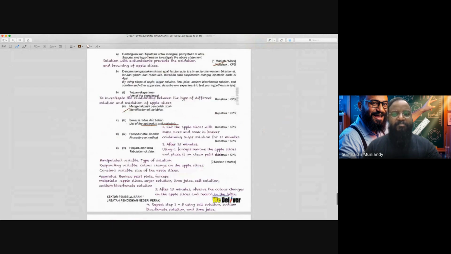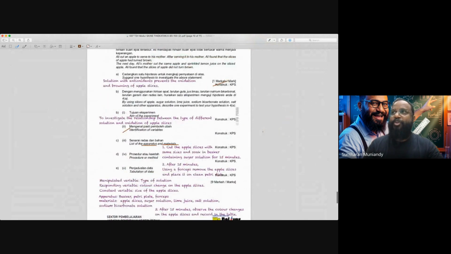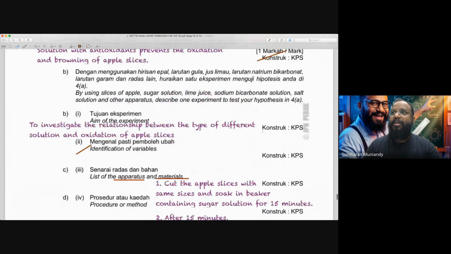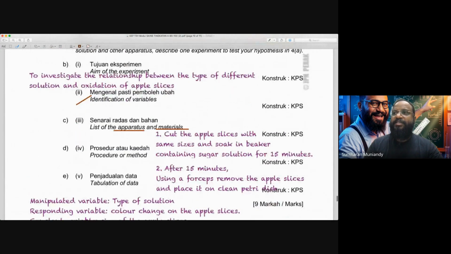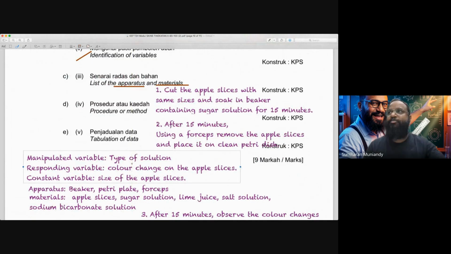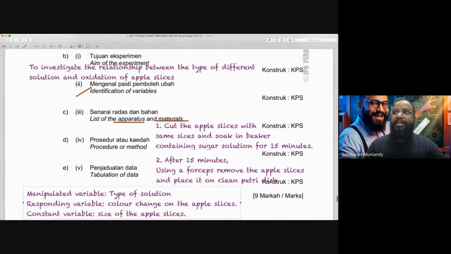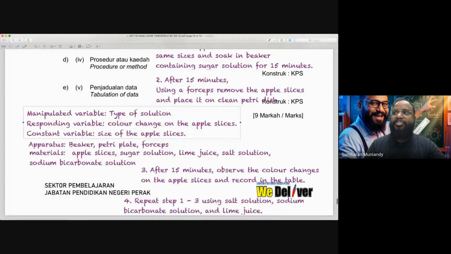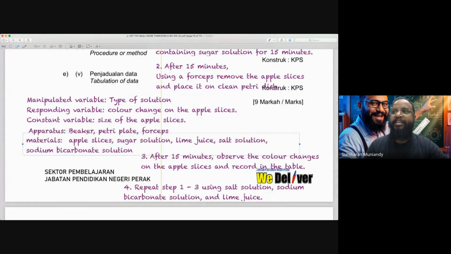For a 9 marks question, you see the components that you need to develop from the hypothesis, variables, identification of variables. Sorry, my answer is everywhere because I'm trying to manage the space. And then they ask me the list of apparatus and materials. There you go. I write down my apparatus first and then I write my materials.